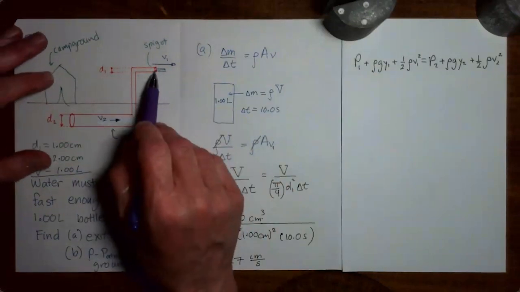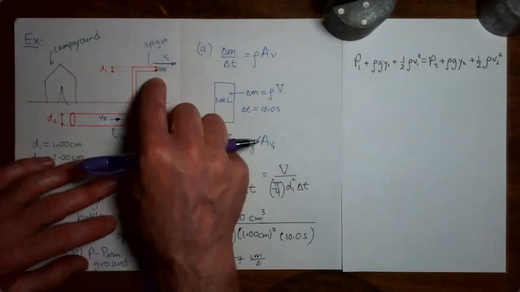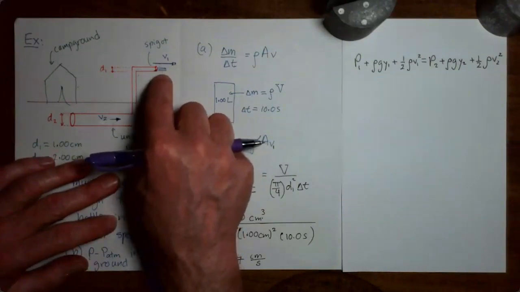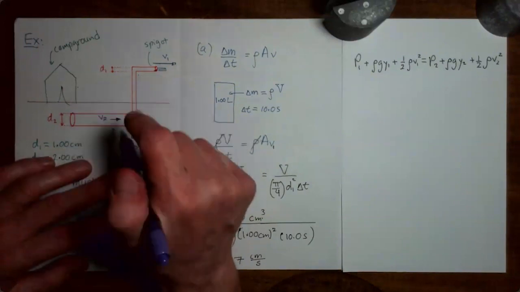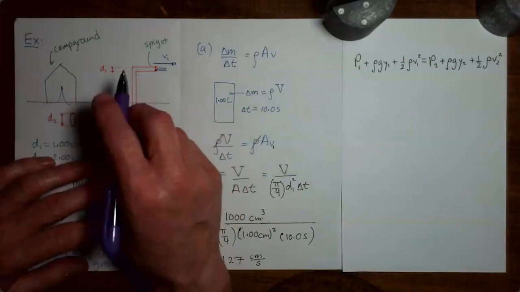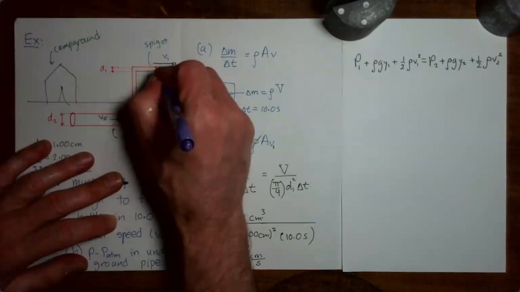P1 would be the pressure as the fluid exits over here at the spigot. However, right here where the fluid exits the spigot, it is in direct contact with the atmosphere. And because of that, the pressure here right at the exit would just be atmospheric pressure. So I'm going to write that pressure 1 equals atmospheric pressure.